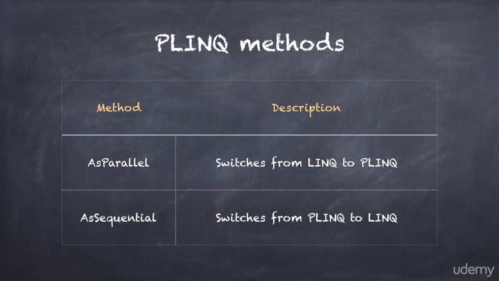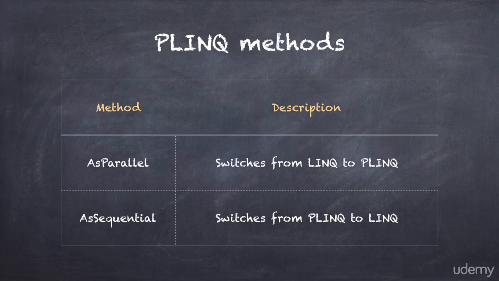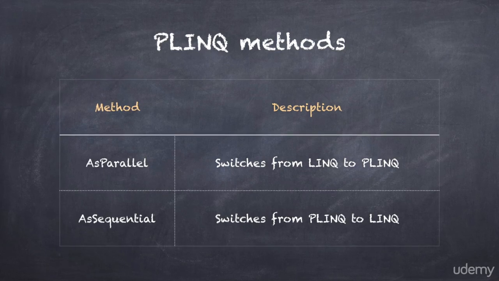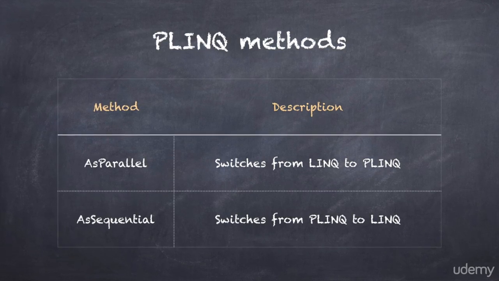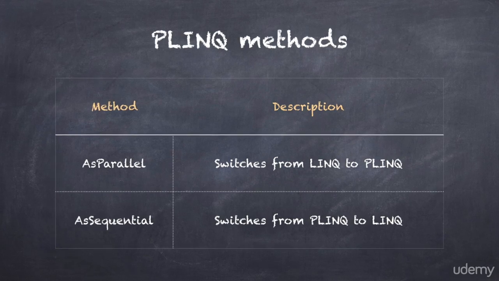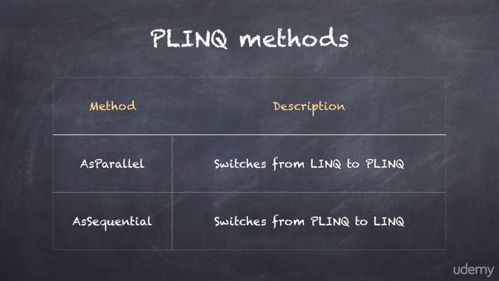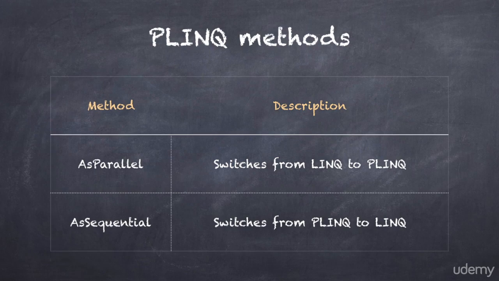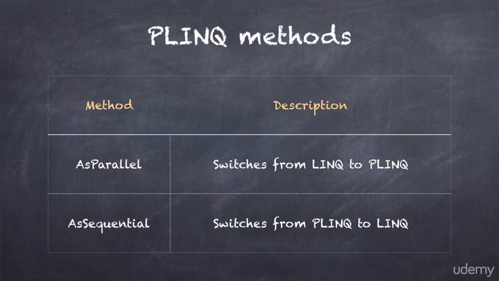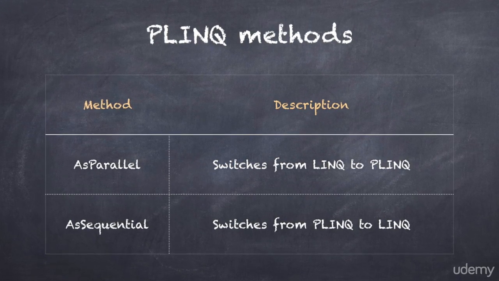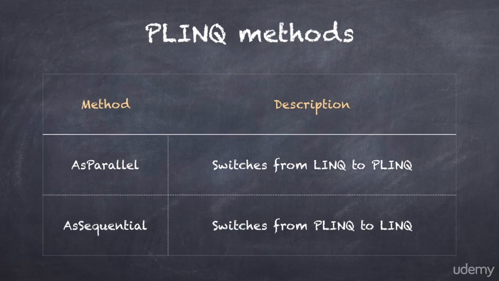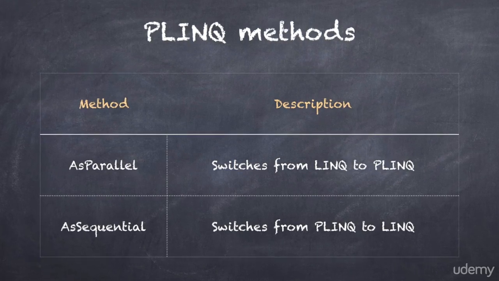There are two methods that allow you to switch between sequential LINQ and Parallel LINQ. AsParallel, which switches from LINQ to Parallel LINQ, and AsSequential, which switches from Parallel LINQ back to regular LINQ.